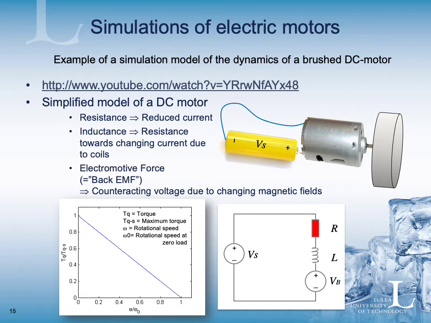We have an inductance, which is sort of a resistance towards changing current due to the coils inside the motor. And we have the electromotive force, back EMF, that is counteracting voltage due to changing magnetic fields. And the system you simulate looks like this. You have a flywheel on a brushed DC motor, and you have a battery that powers it.